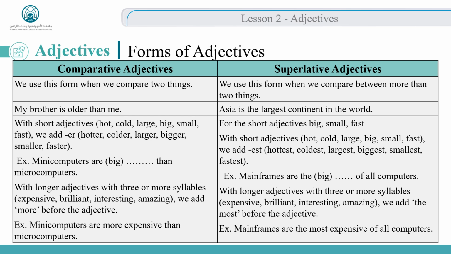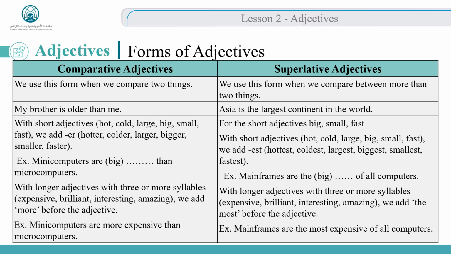If the adjective is short, we add "est" to the adjective itself, like hot, hottest, small, smallest, cold, coldest, large, largest, big, biggest, fast, fastest. So we would say mainframes are the biggest of all computers.